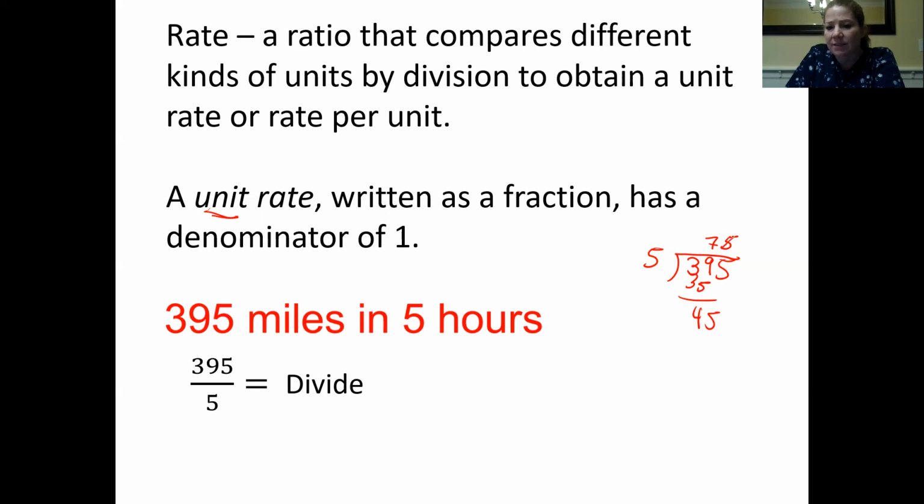Actually, that's an 8. No, it's a 9. I am going 79 miles per hour. So maybe we're on the Autobahn in Germany because there's no speed limit on the Autobahn. So 79 miles per hour.